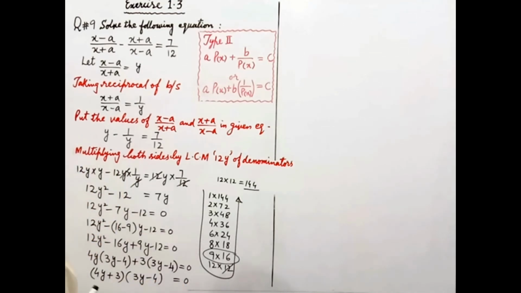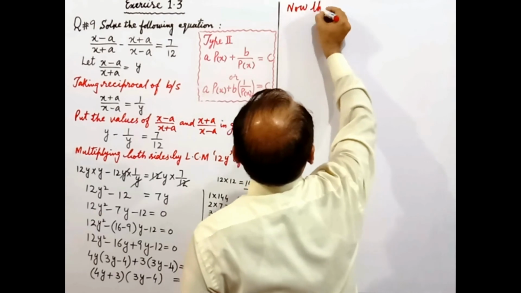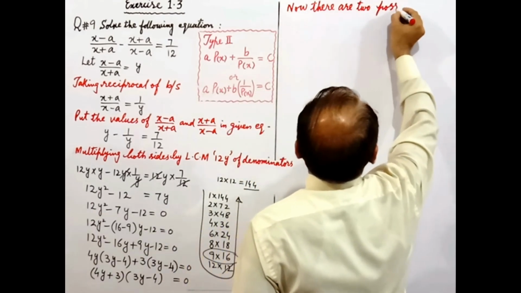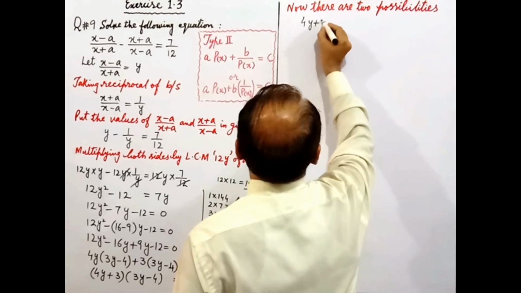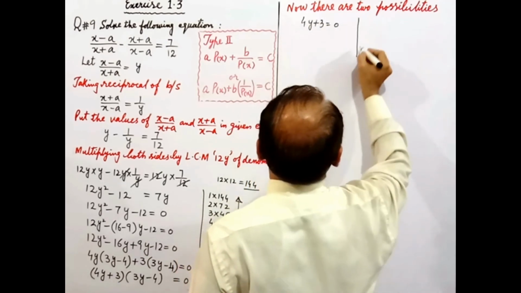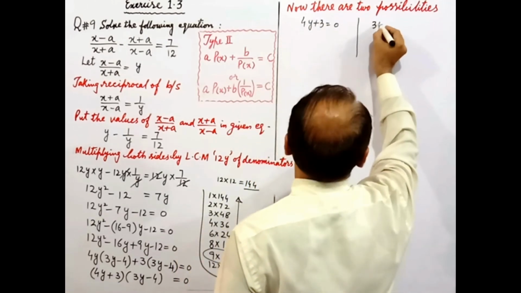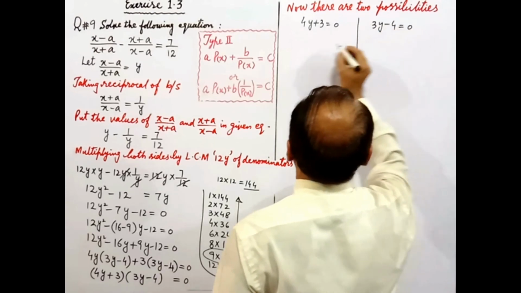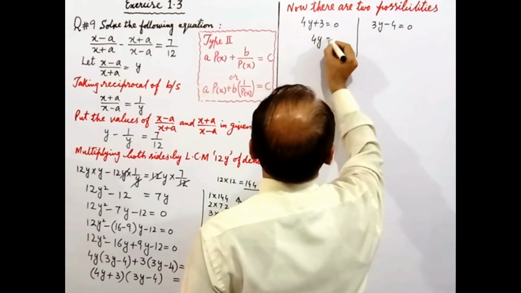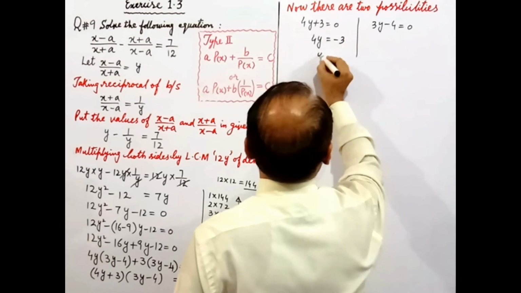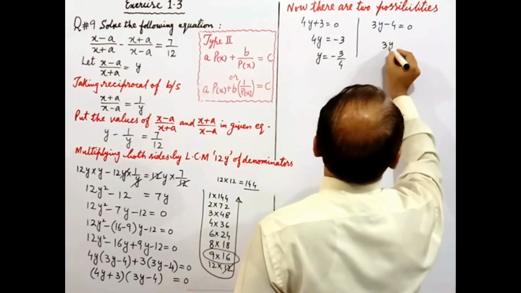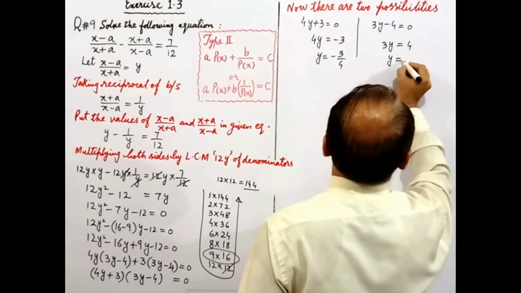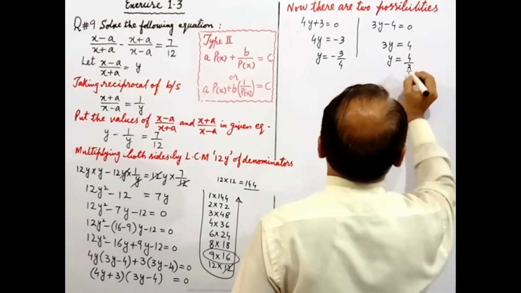Now there are two possibilities. Four y plus 3 is equal to 0, and the second possibility is 3y minus 4 is equal to 0. 4y is equal to minus 3, y is equal to minus 3 by 4. 3y is equal to 4 and y is equal to 4 by 3.